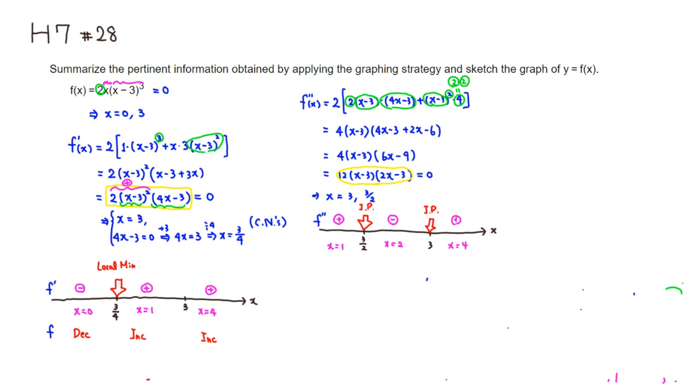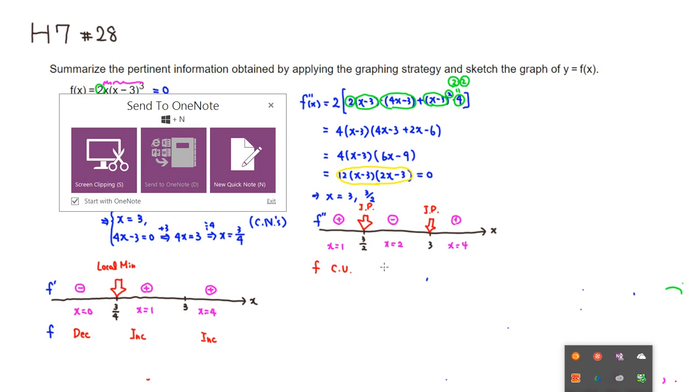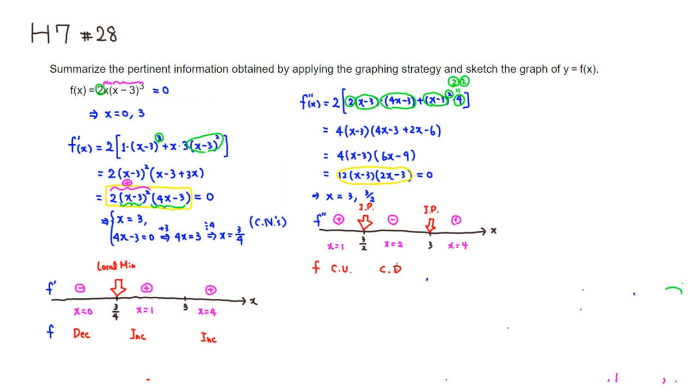Since the second derivative is positive, you have a concave upward up to 3/2, and between 3/2 and 3, you're going to get the concave downward. And after 3, you're going to get the concave upward.